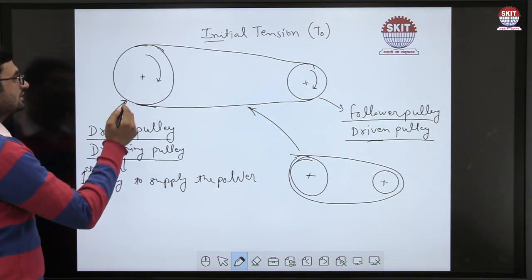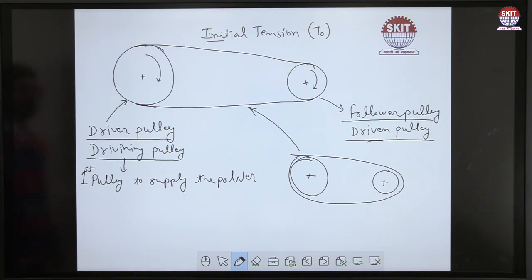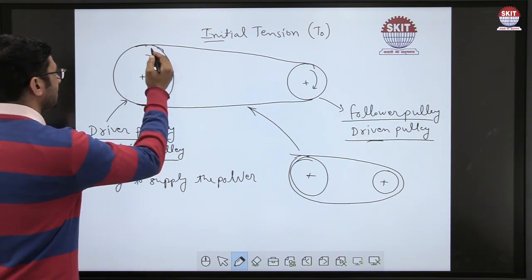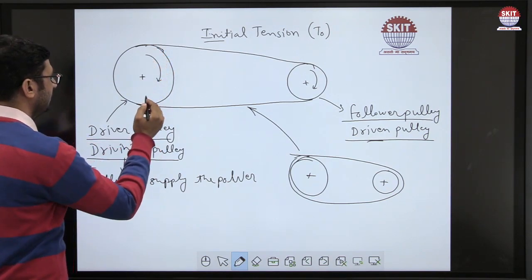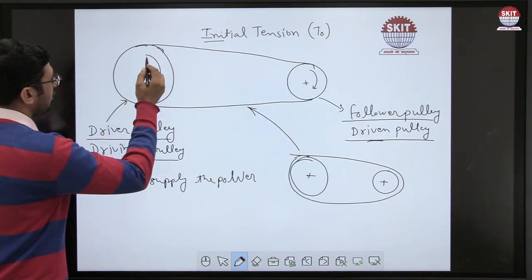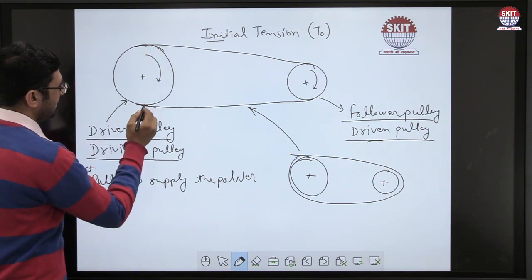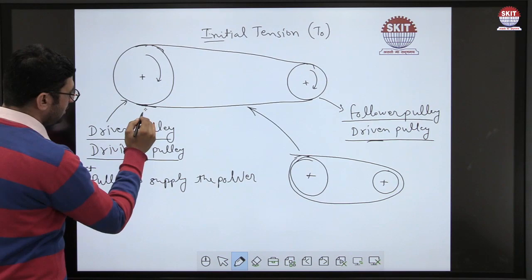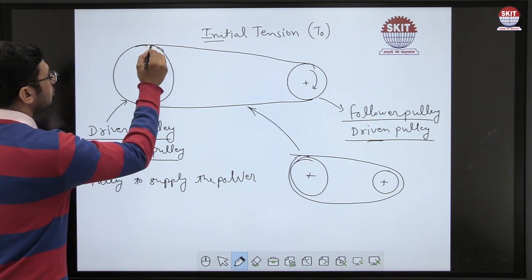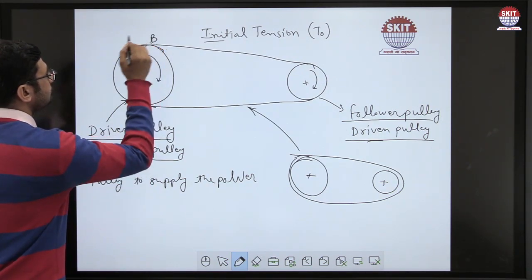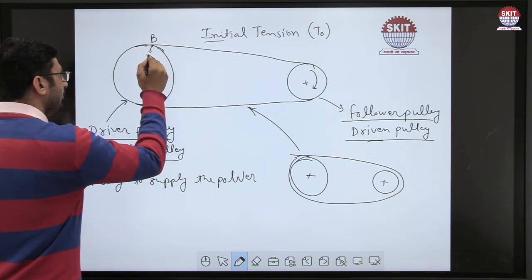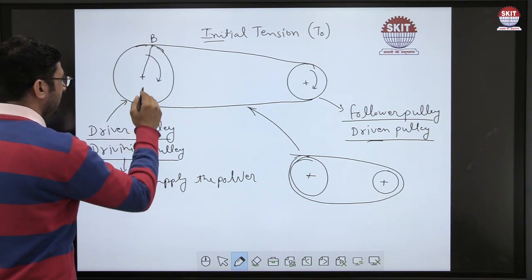The angle of contact is the contact of the belt on the pulleys. From this diagram, we see that the belt is in contact with the outer surface of the pulley from point A to point B. The angle of contact is the angle made at the center when points A and B are joined to the center.